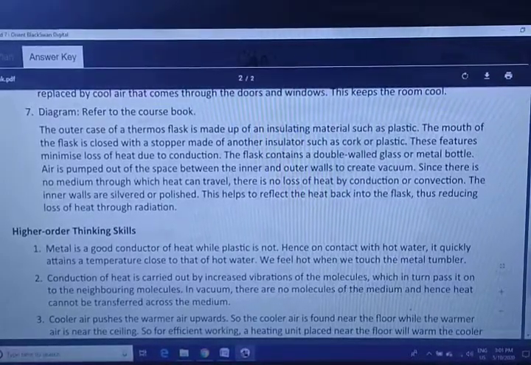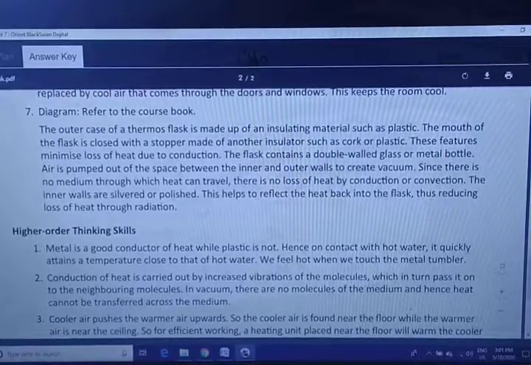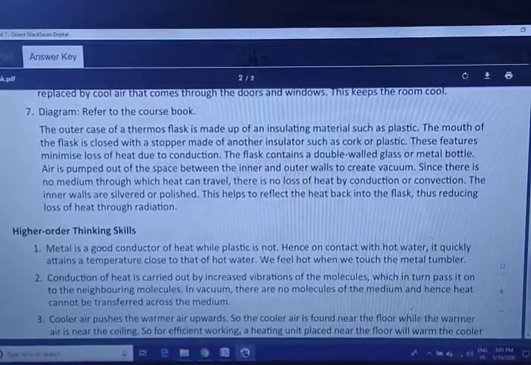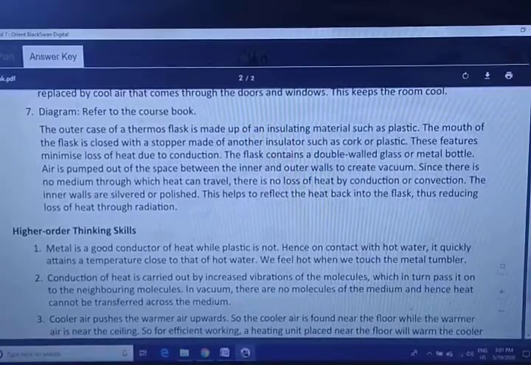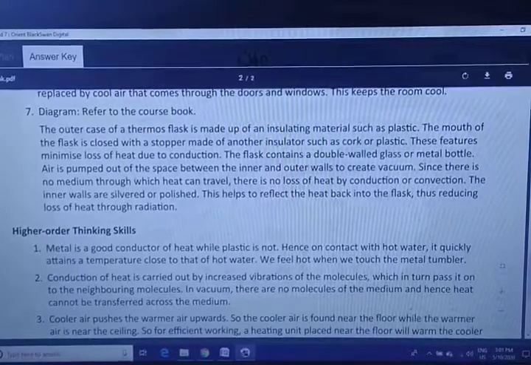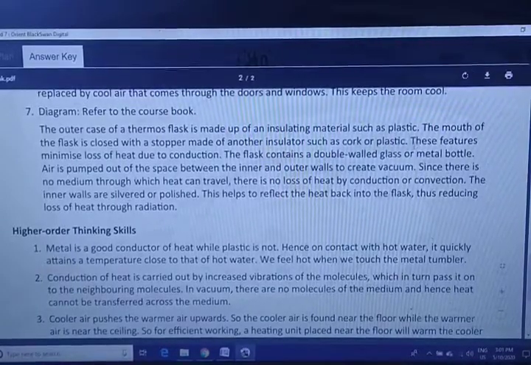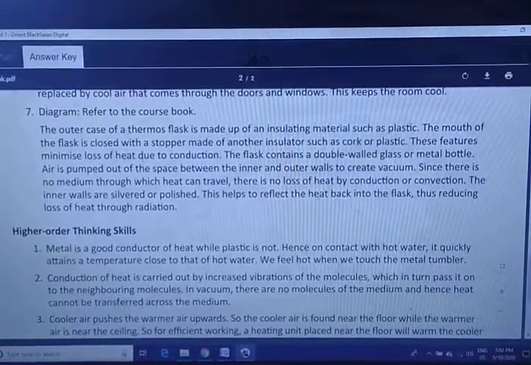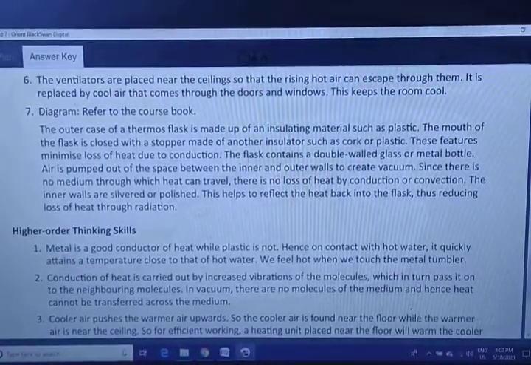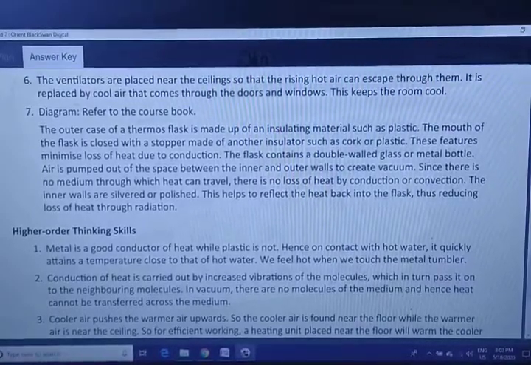So already you can see in your textbook the diagram is drawn. The outer case of the thermos flask is made of an insulating material such as plastic, and the mouth of the flask is closed with a stopper made of another insulator such as cork or plastic. These features minimize loss of heat due to conduction, and the flask contains a double-walled glass or metal bottle.